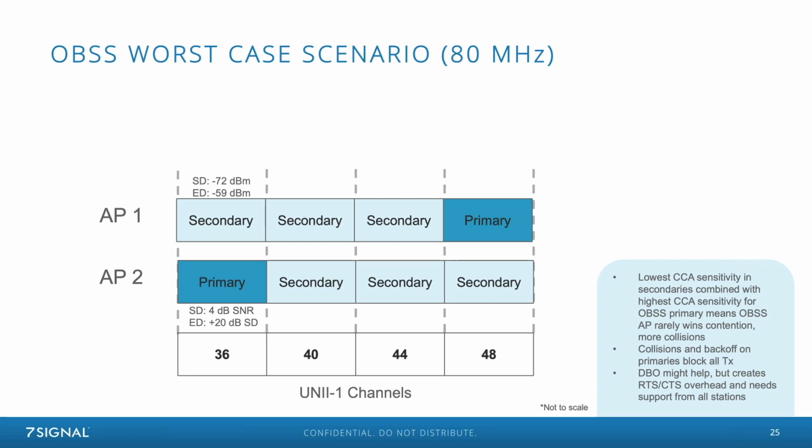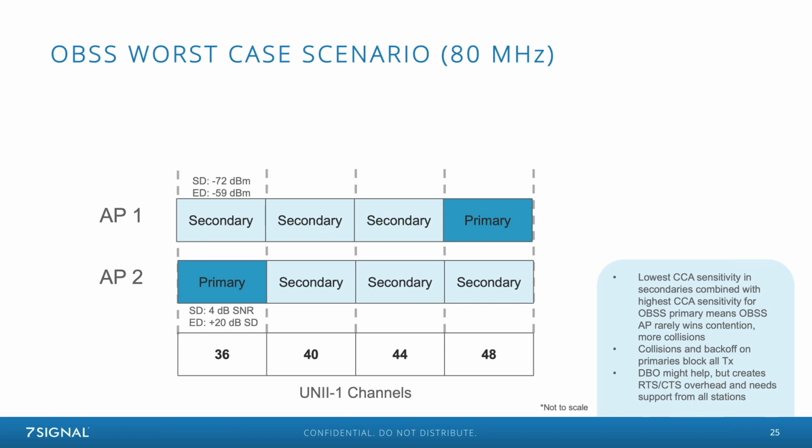Well, AP1 is using its least sensitive CCA thresholds on channel 36. So AP1, particularly if AP2 is below that signal detect threshold for it, is just going to transmit away.